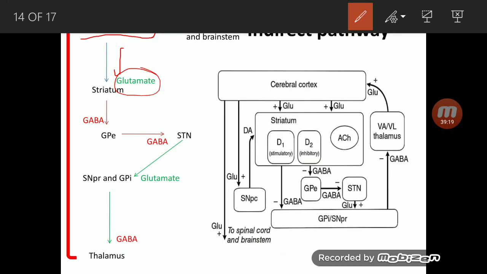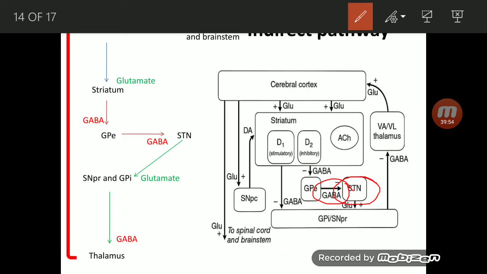So in this case, note that GE is globus pallidus externa. Under normal condition, your globus pallidus externa is controlling your subthalamic nucleus, STN, by releasing GABA.